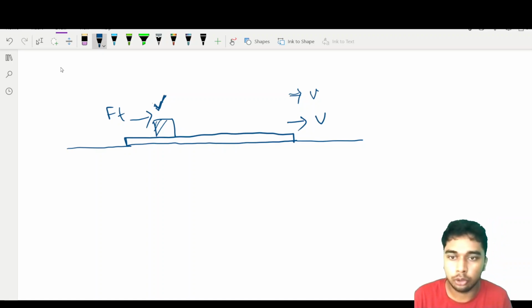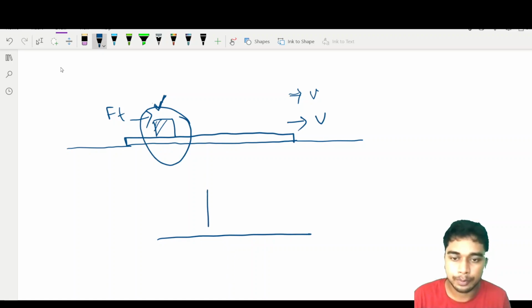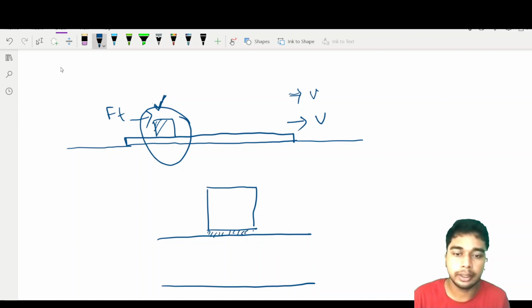So if I zoom out this region, here is a box and this is a plank. So this area is the contact between the box and the plank.